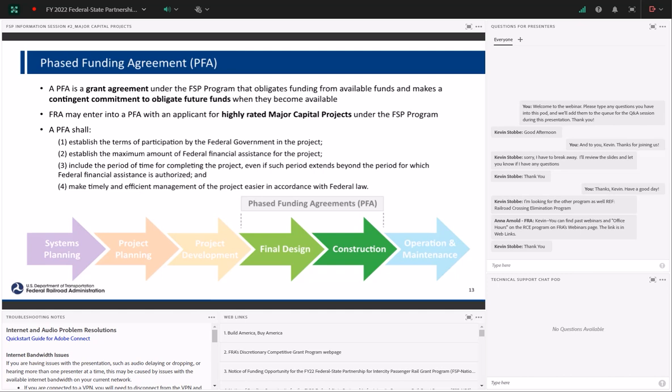It establishes the maximum amount of federal financial assistance for that project. It includes the period of time for completing the project, even if such period extends beyond the period for which federal financial assistance is authorized. And it makes timely and efficient management of the project easier in accordance with federal law.